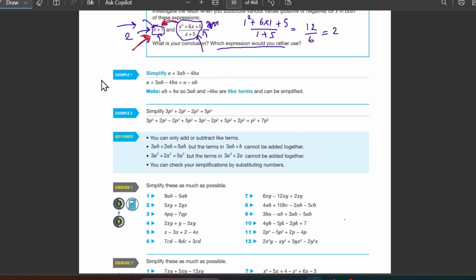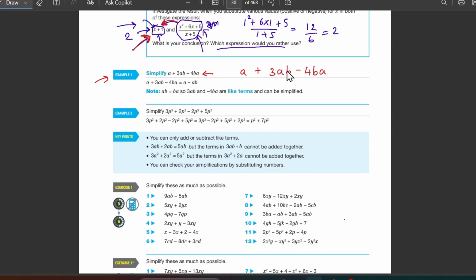Okay, and in example 1, they are asking us to simplify. When we are given the task to simplify, the first thing we can do is look for like terms. So when we simplify, the first thing we do is write the like terms together.